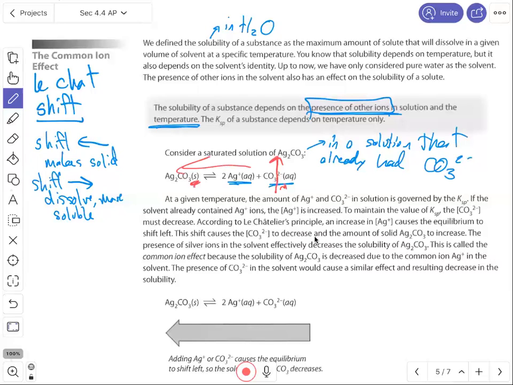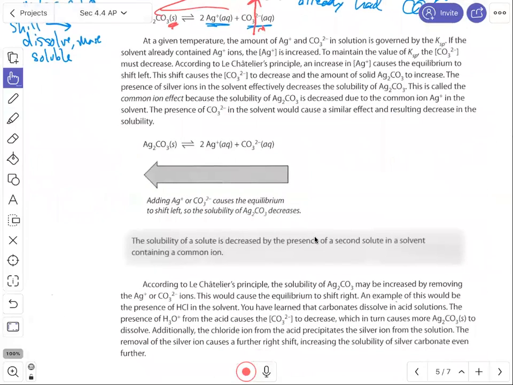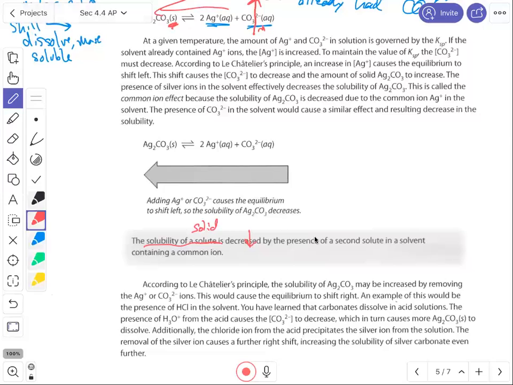So the general principle here states that the solubility of a solute, which is a solid, decreases by a second common ion. It's very similar to what we were just doing, and the calculations are also very, very similar.